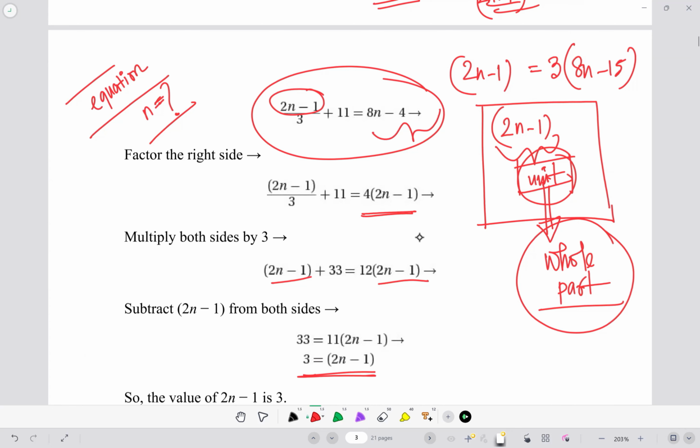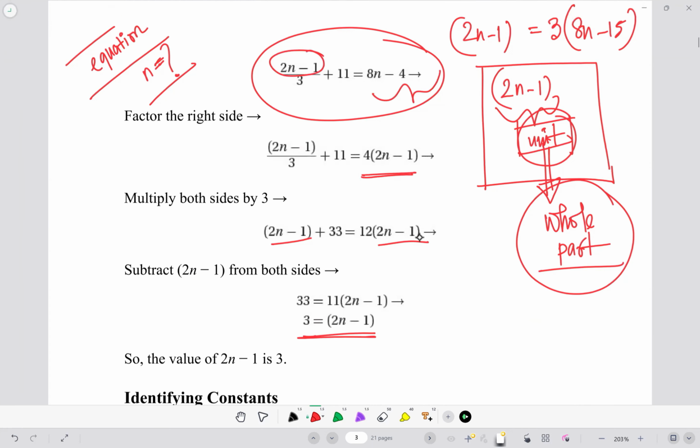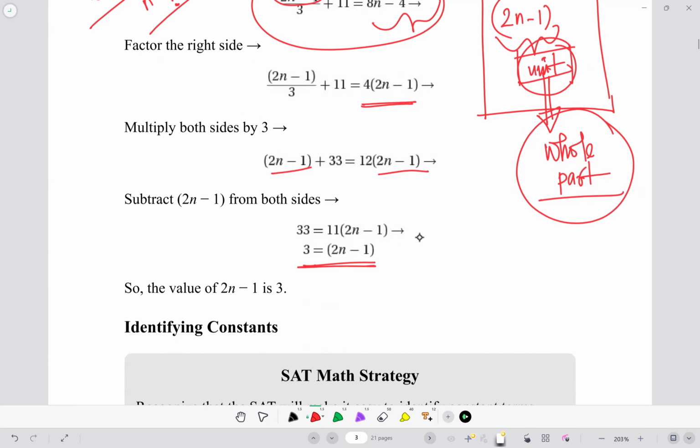Then we're multiplying both sides by 3, and it becomes like this. Then subtracting 2n minus 1 becomes like this. This is it. And so the value of 2n minus 1 equals 3.